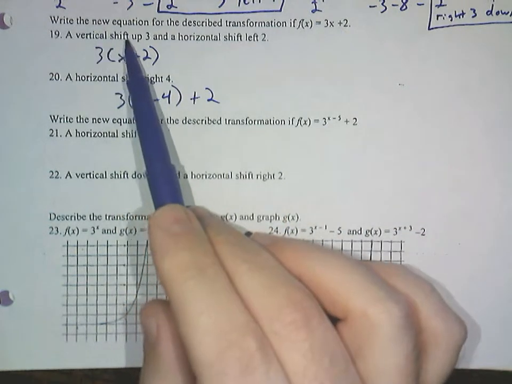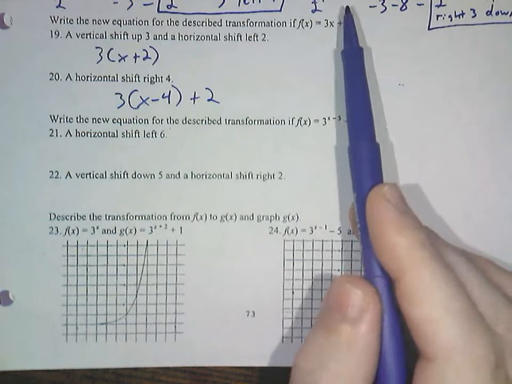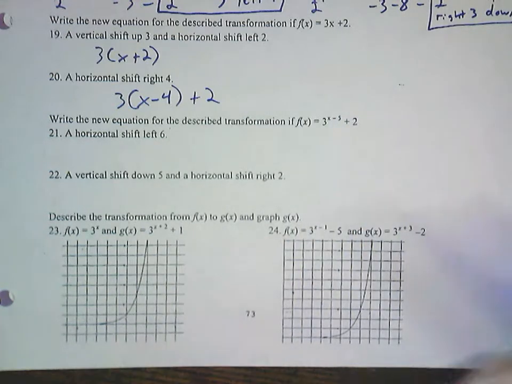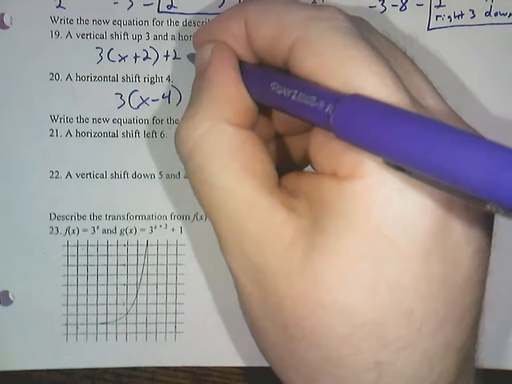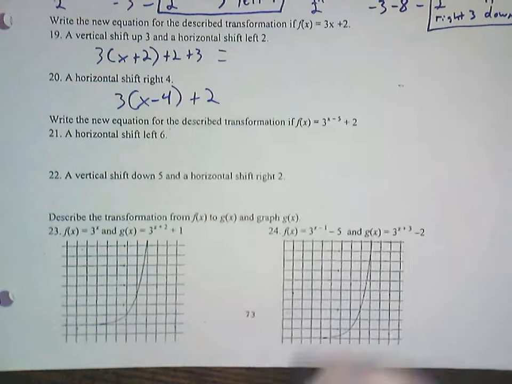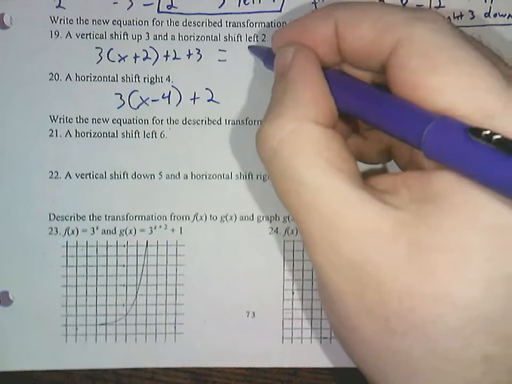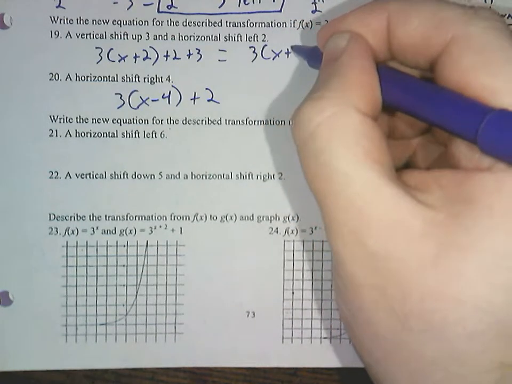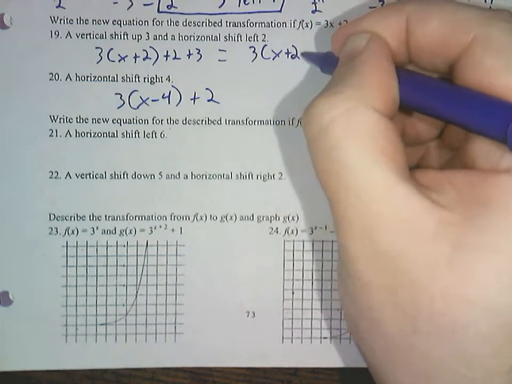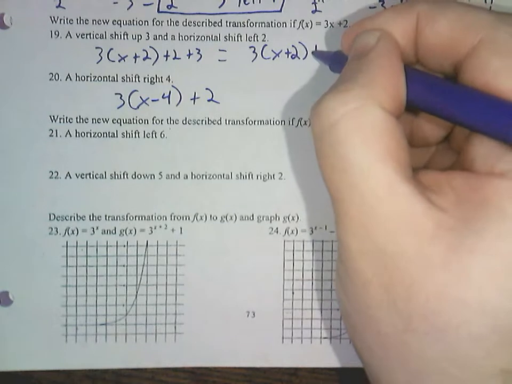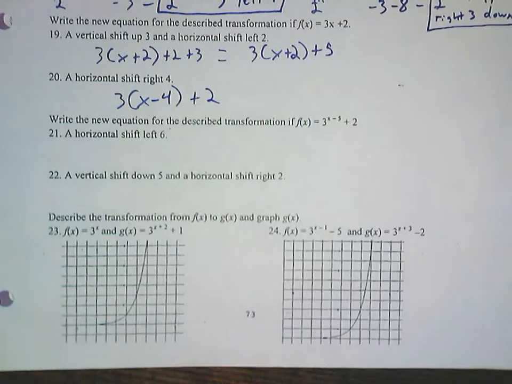So vertical shift up 3, it's going to go to the end, and if it's up, you're going to add just like you normally would. So I have plus 2 plus 3, and then I can simplify that. The 2 and 3 are going to become combined to become 5. So there's your final answer there.